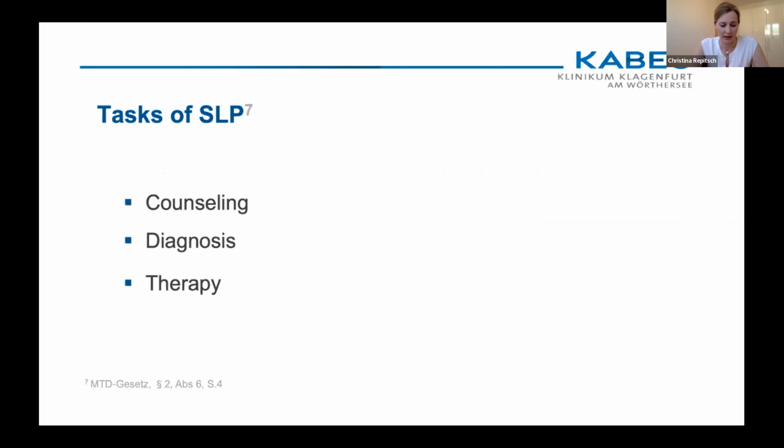But what is the task of a speech and language therapist? In all cases, we typically start with counseling sessions where we explain to the patients how to deal with their physical issues like eating problems or drinking problems and the problem of eye closure.